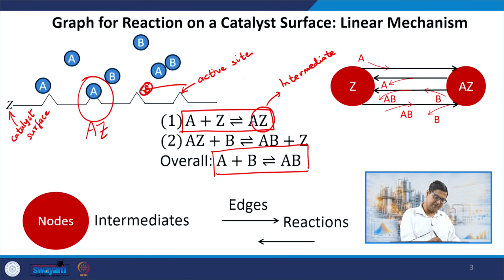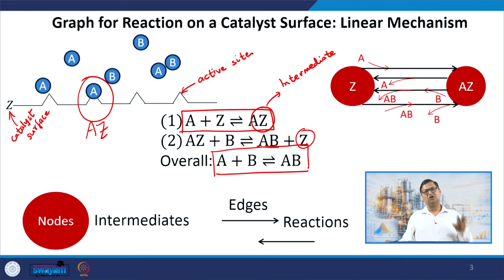In principle it may happen, but in this case, as soon as AZ, that is A adsorbed on the catalyst, interacts with B, B takes it away from the catalyst and forms the product AB, leaving aside the bare catalyst site, right?